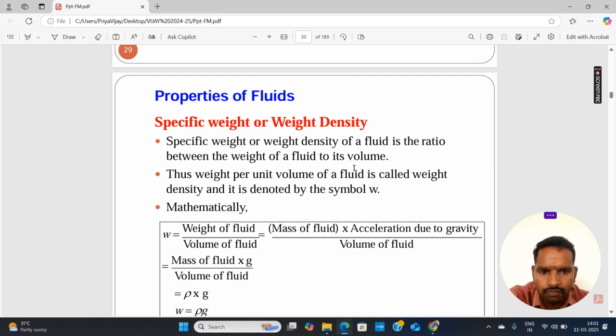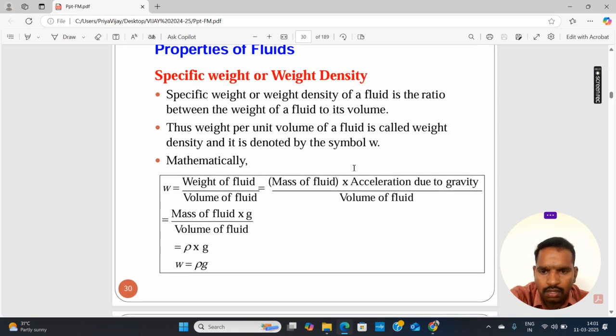If you substitute mass divided by rho in place of the volume of the fluid, your expression will be w equal to rho g. So the specific weight of the fluid is density into gravity.